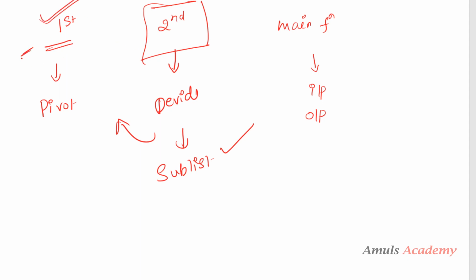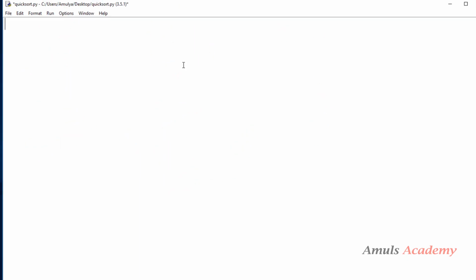First we'll define the function to get the correct position of the pivot element. For that I'll use the def keyword, followed by the function name. You can give any function name, but using a proper function name will help in understanding the program. If any other user refers to your function, they'll get to know what that function does.